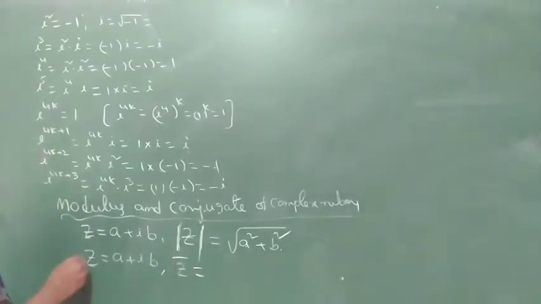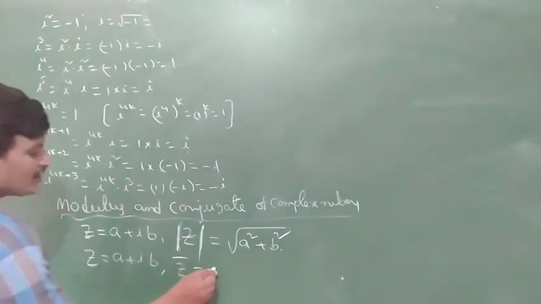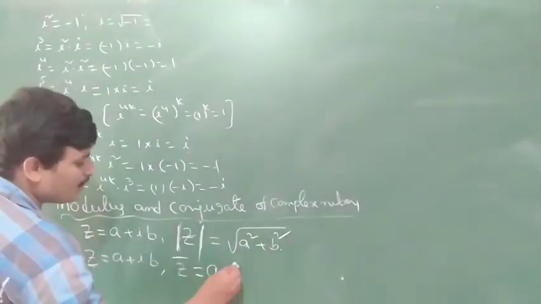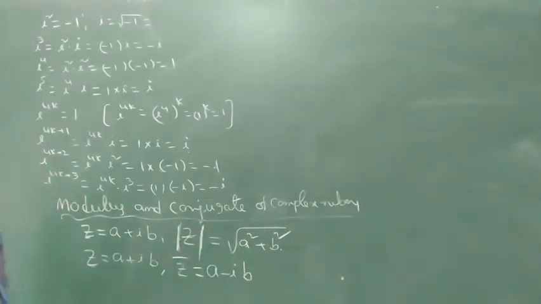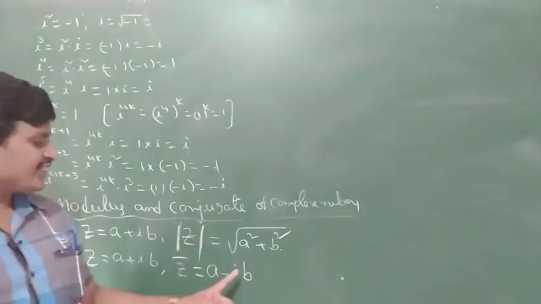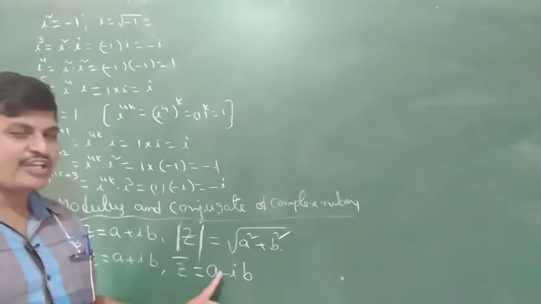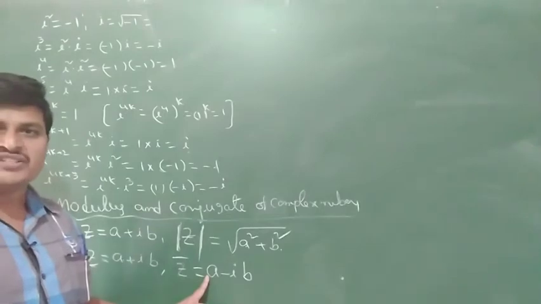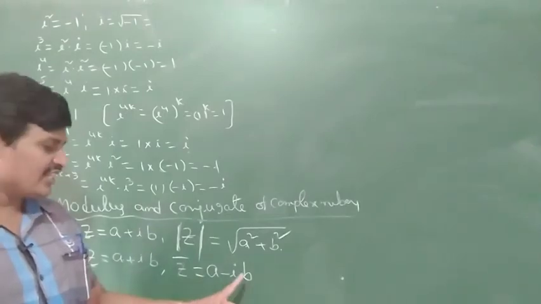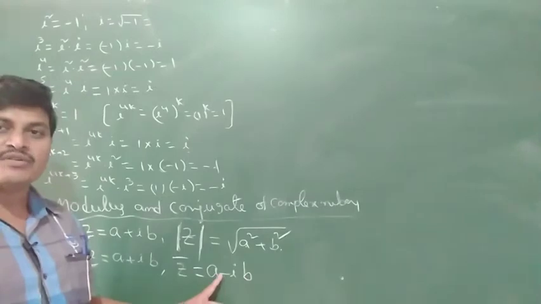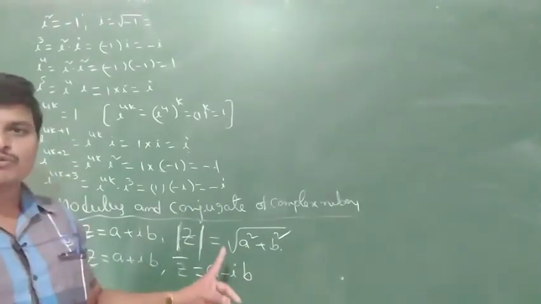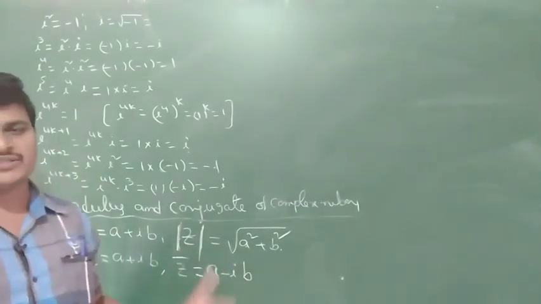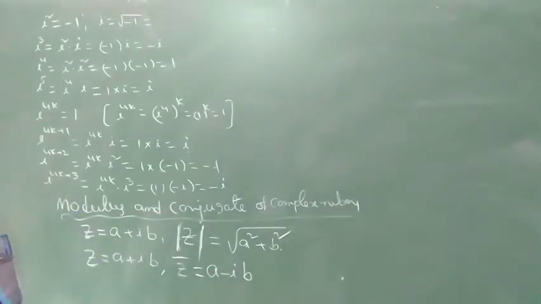The conjugate of z, which is a plus ib, is z bar equal to a minus ib. Only we have to change the imaginary part sign, not the real part. Plus changes to minus, minus changes to plus. Only the imaginary part sign must be changed.